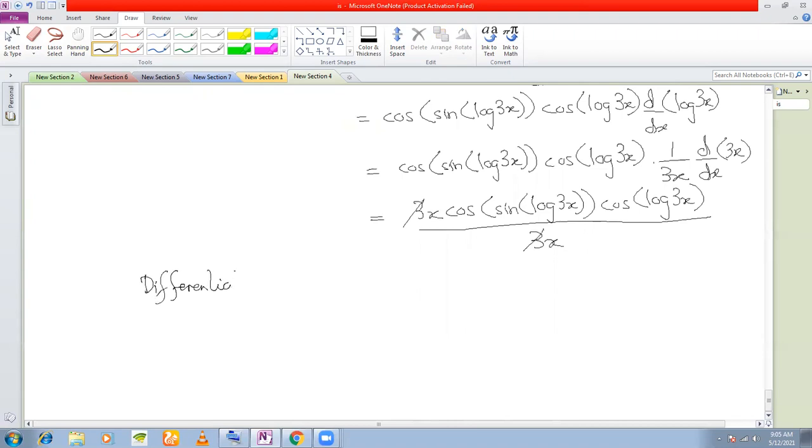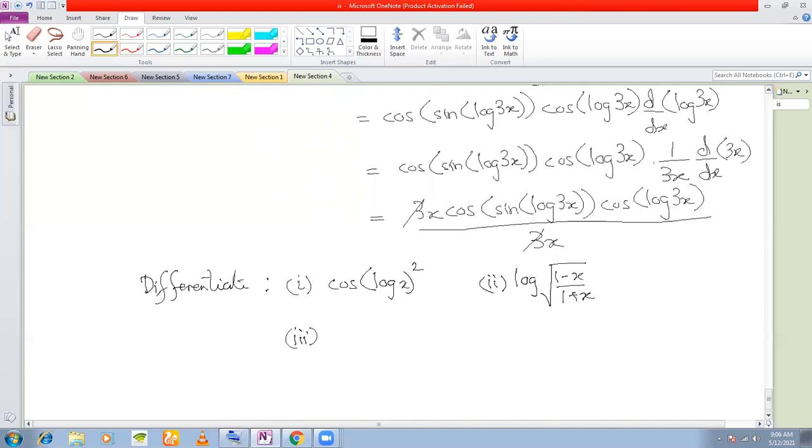exercise, differentiate. The next important problems for you will be: cos of (log x) whole square, and next is log of root (1 minus x by 1 plus x).